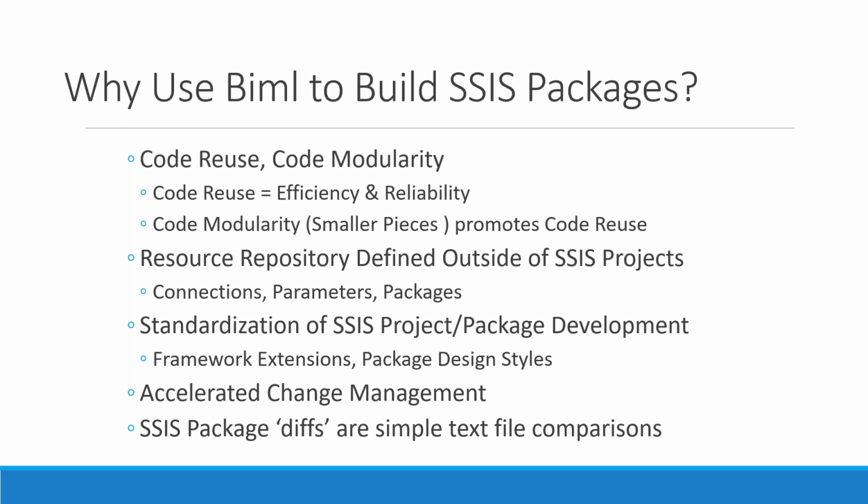And so now you have two instances of it. Or you could start with project A and then make a copy of it, call it project B, but again, you've got the same problem. You're just duplicating code. So with Biml, you have the ability to define reusable objects outside of the scope of a specific SSIS project, and then make it reusable in one, many, 100 separate projects.